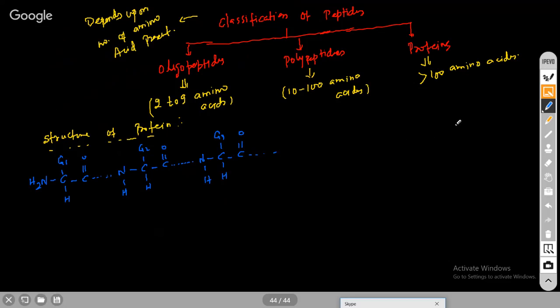So we'll get a long chain compound. Fine. The first thing here is the first amino acid, A1. This is A2. This is A3. And all these amino acids are bonded together by peptide linkage, peptide bond or peptide linkage.